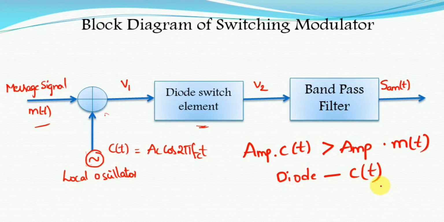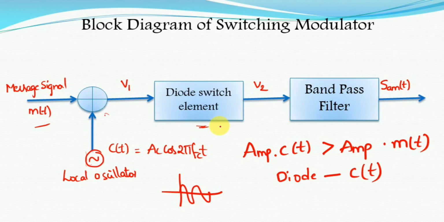Let us assume the carrier signal is a sinusoidal signal. During the positive half cycle of the carrier, the diode will act as a closed switch. Therefore, I can write V2 as V1. Whereas during the negative half cycle, it acts as an open switch. Therefore, the output of the diode is 0.